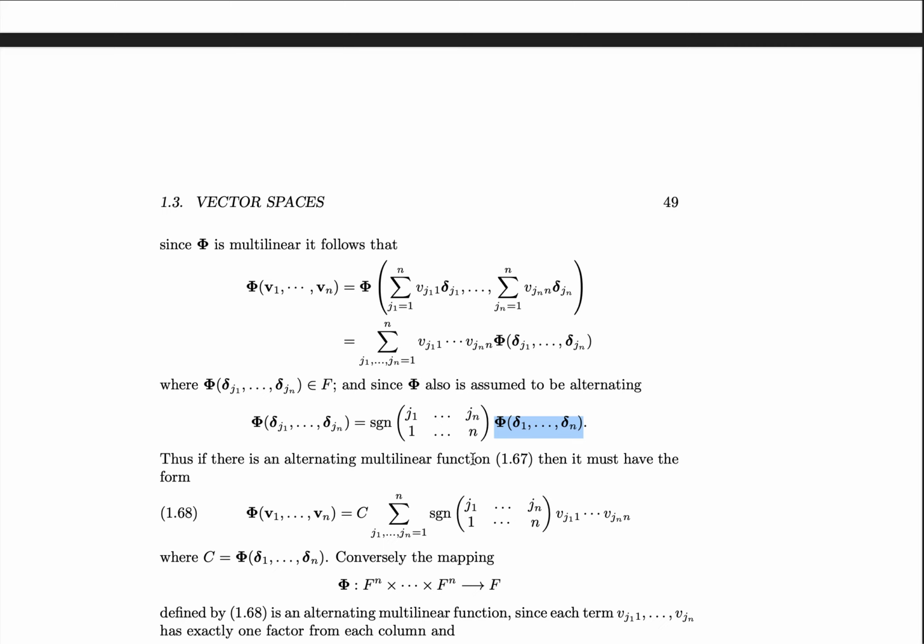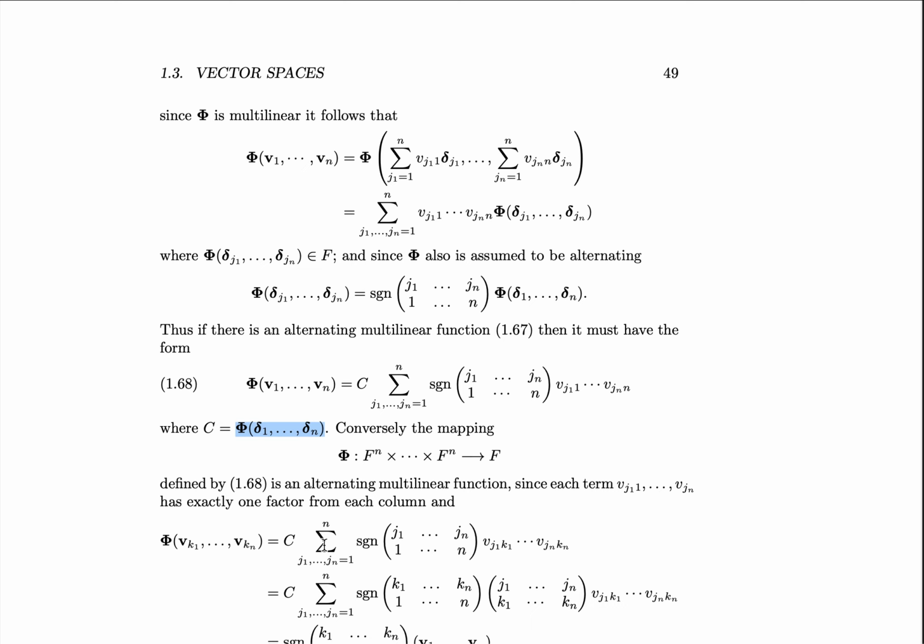Thus, if there is a multilinear function, we can write phi of v_1 up to v_n as c times the sum of each of the sign times each of these terms, where the sign comes from reindexing back down to e_1. We'll recall that c is phi of the standard basis.